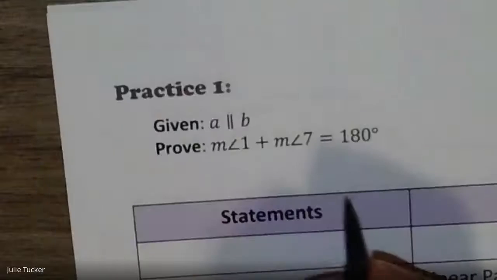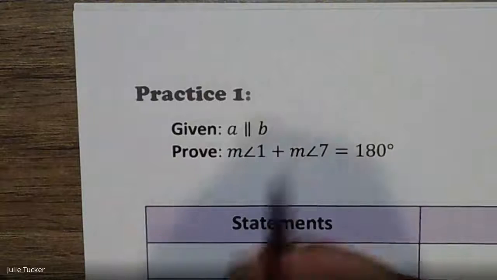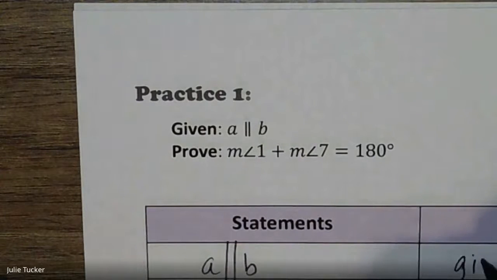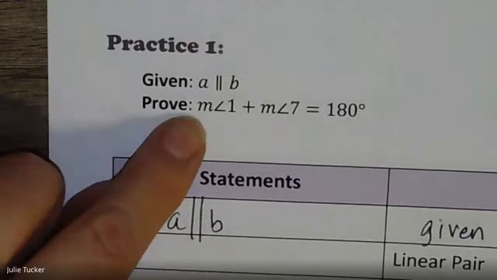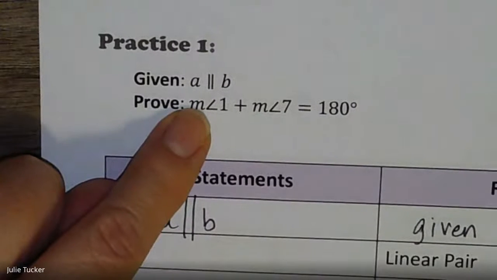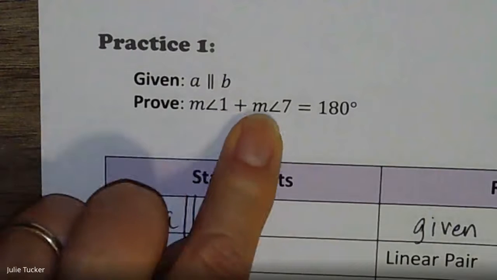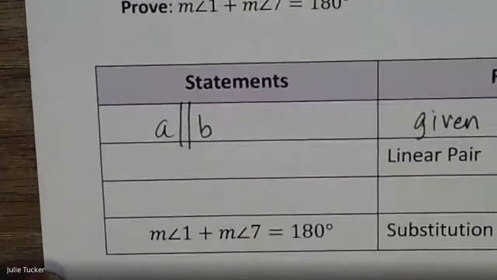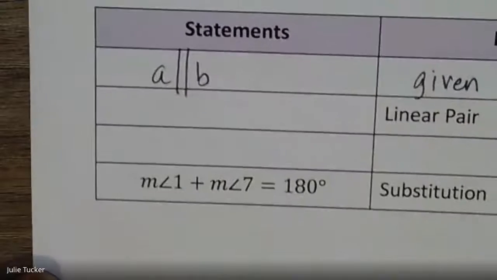So here's one that it still says A is parallel to B because it's that same diagram. And then it's saying that they want you to prove the measure of angle 1 plus the measure of angle 7 is 180 degrees. And this time I am giving you some hints.